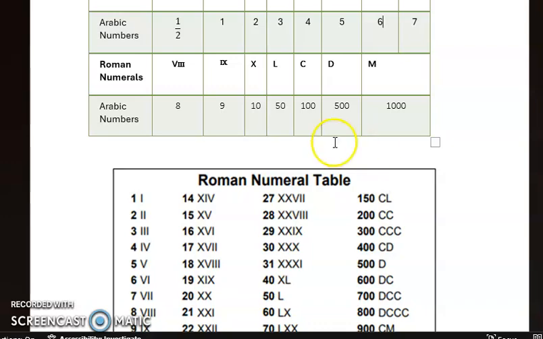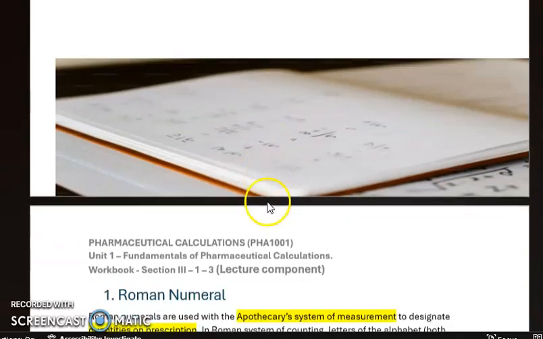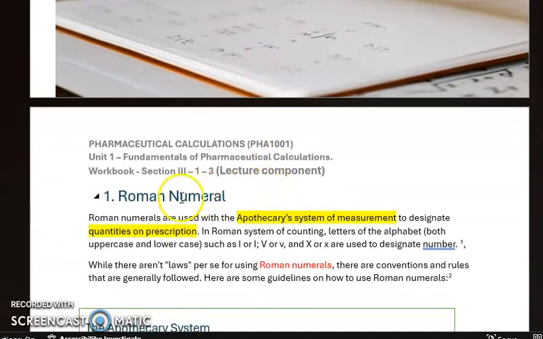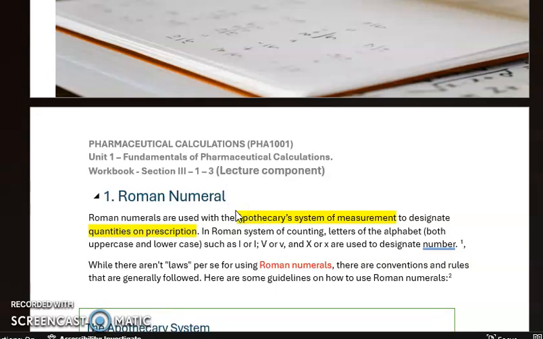However, we still want you to appreciate this content. So with that said, this brings to a close the subtopic Roman numerals, which is in Section 1 and will appear on your screening assessment.